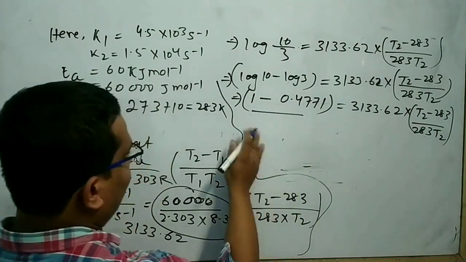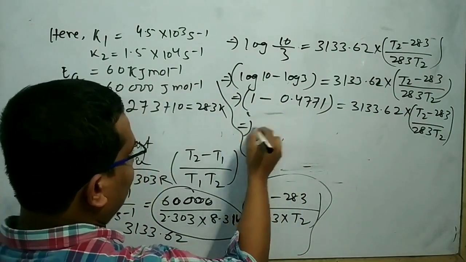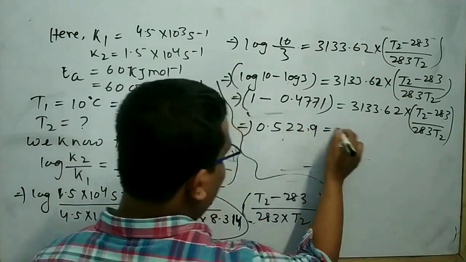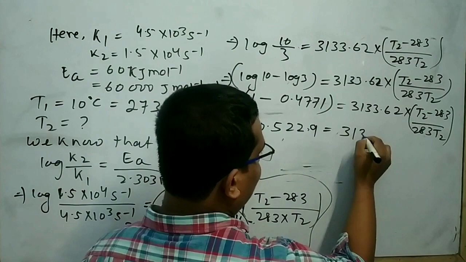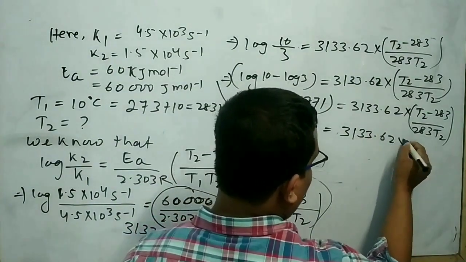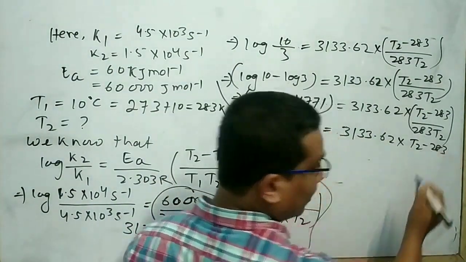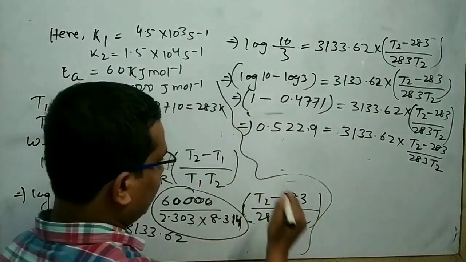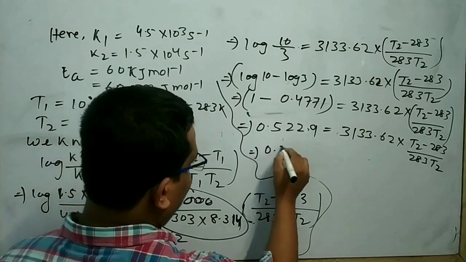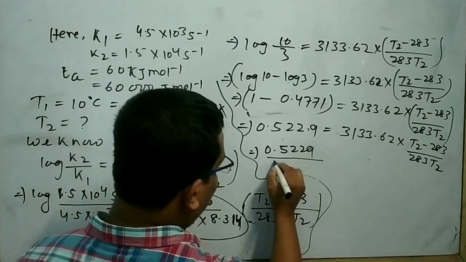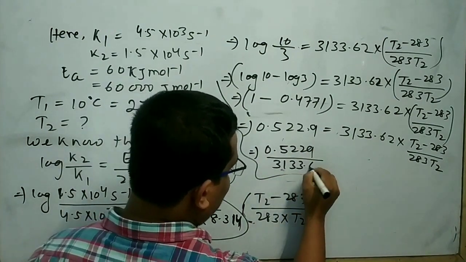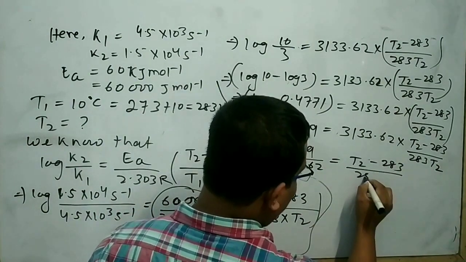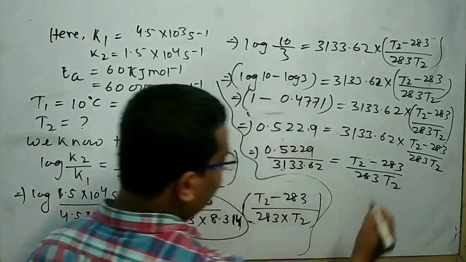Now solve this, then I can write 0.5229 equals 3133.62 into (T2 minus 283) divided by 283 T2. Now I can write 0.5229 divided by 3133.62 is equal to (T2 minus 283) divided by 283 T2.